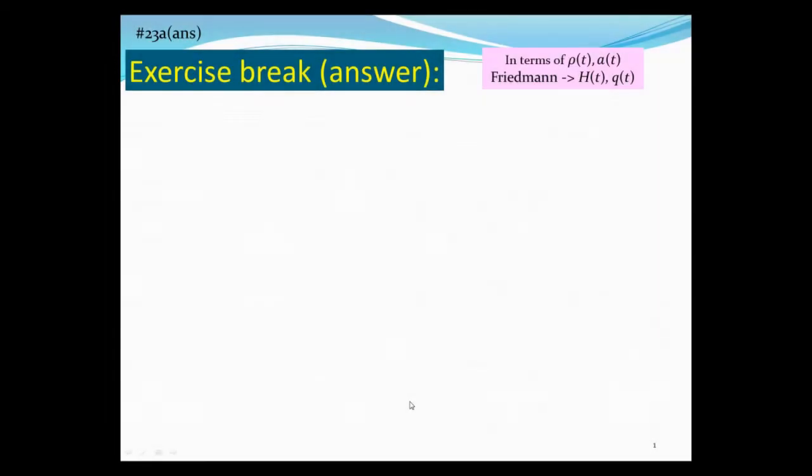Okay, let me first give you the answer to the break exercise, which basically asks you to rewrite the Friedmann equations as expressions for Hubble's constant and the deceleration parameter, with their time dependences, in terms of the time dependence of the density and scale factor.